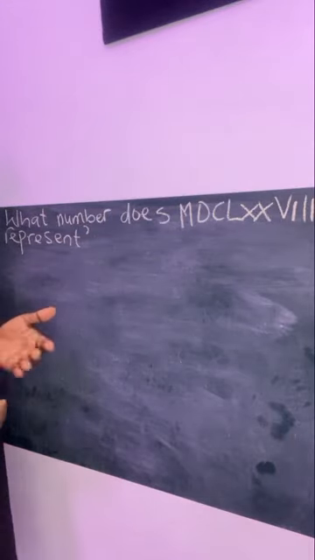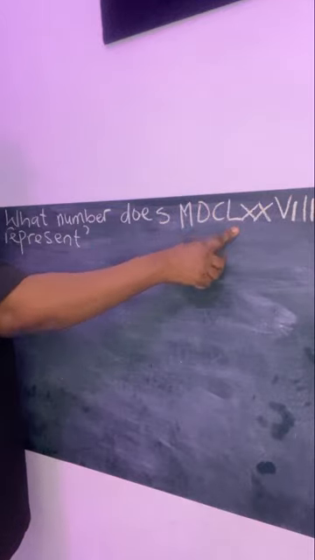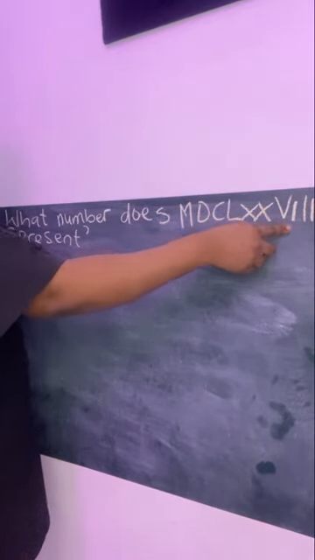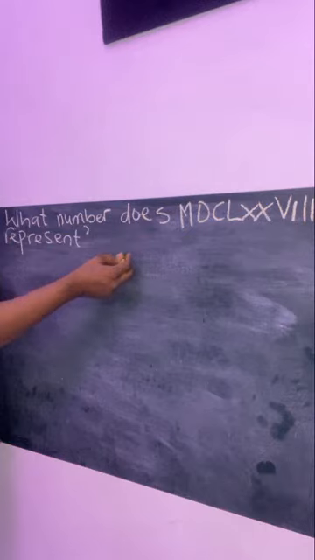In this class, we are going to use them to convert from Roman numerals to figures and from figures to Roman numerals. So let's dive in. Our first question is, what number does MDCLXXVIII represent?